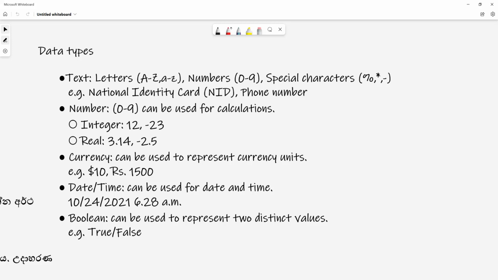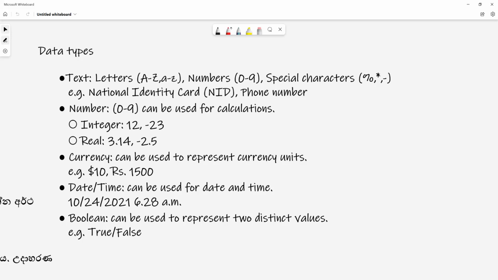But another thing that I have discussed regarding the numbers, especially inside the computer, we use the binary representation. If you are using binary representation, you cannot represent numbers exactly, especially decimal numbers.